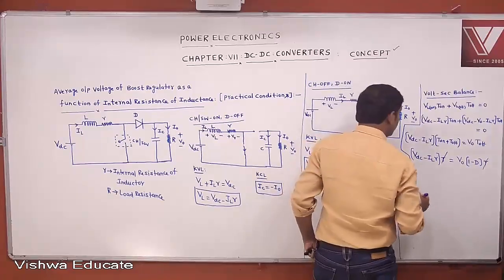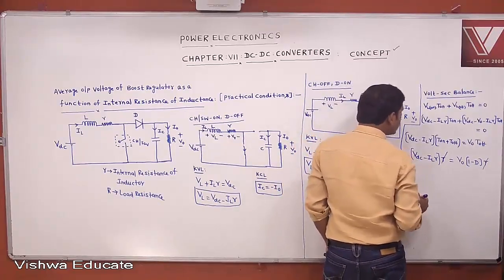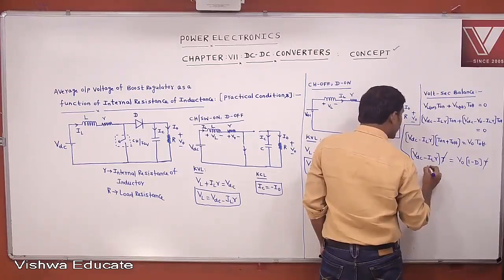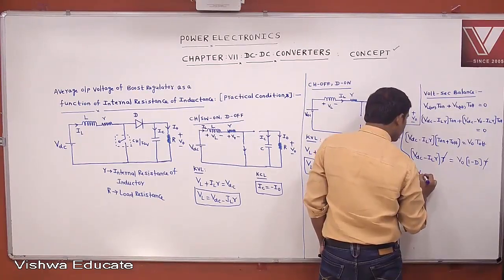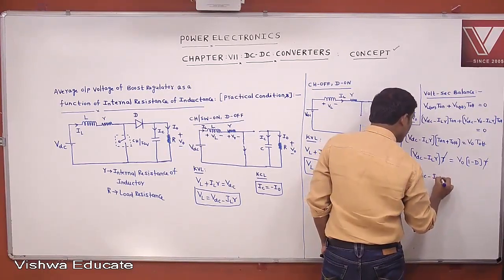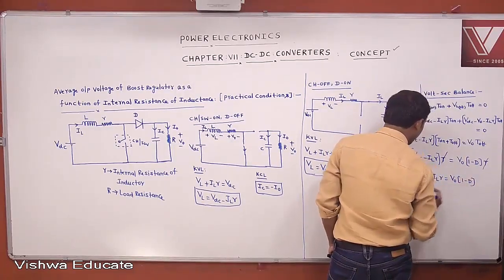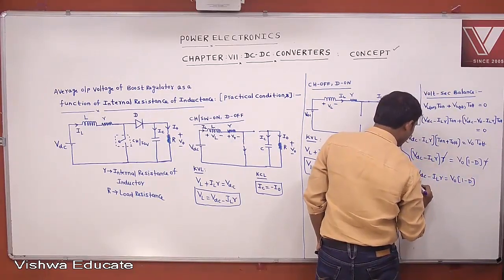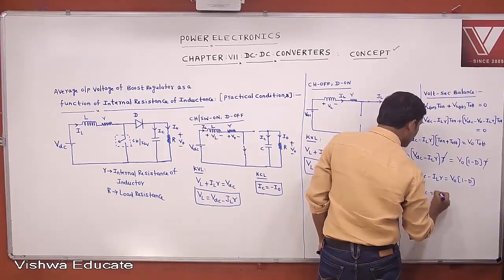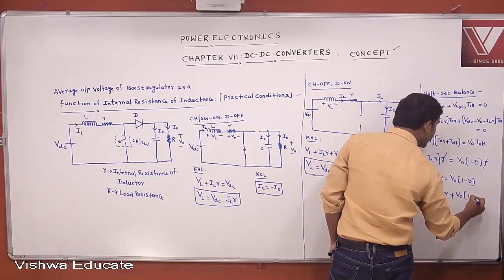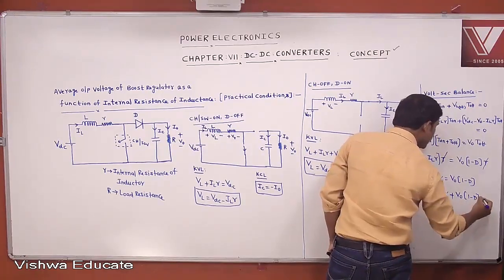Then from this, you want to get the expression for V naught. VDC minus IL into R is equal to V naught into 1 minus D. From this, VDC equal to IL into R plus V naught into 1 minus D. Let this be equation 1.